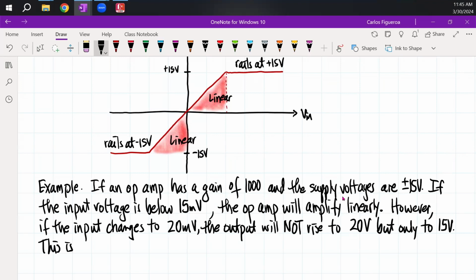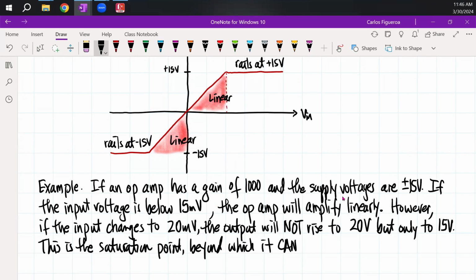This is the saturation point, beyond which it cannot further amplify.